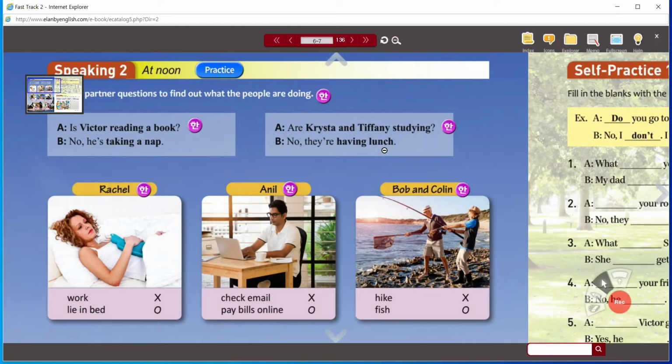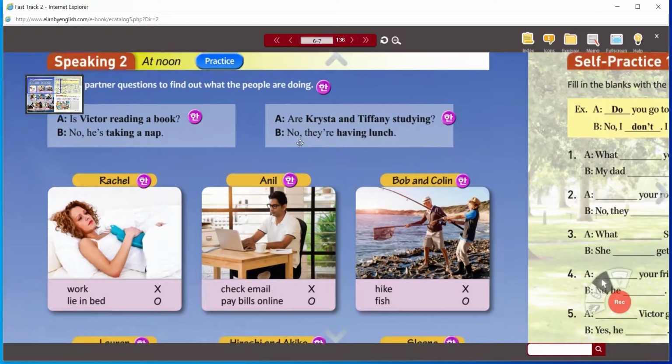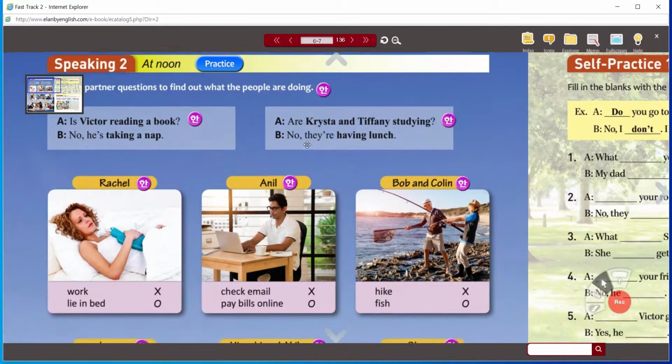Okay. So they are not studying. They are eating lunch. And these are activities that are happening right now. So reading a book or studying is a fairly precise activity. It doesn't take very much time. Okay. So you're going to practice these language forms.